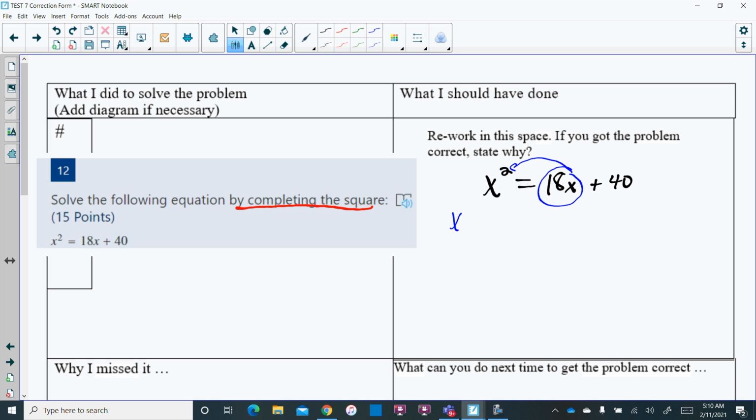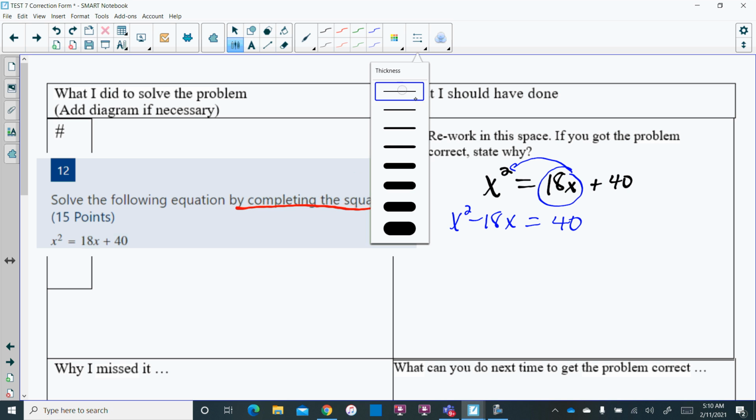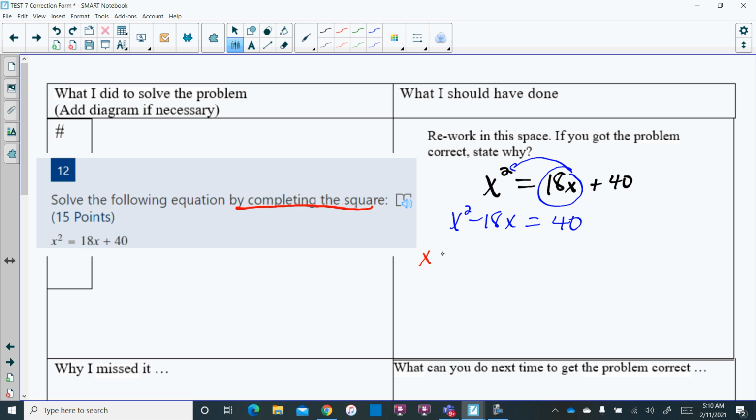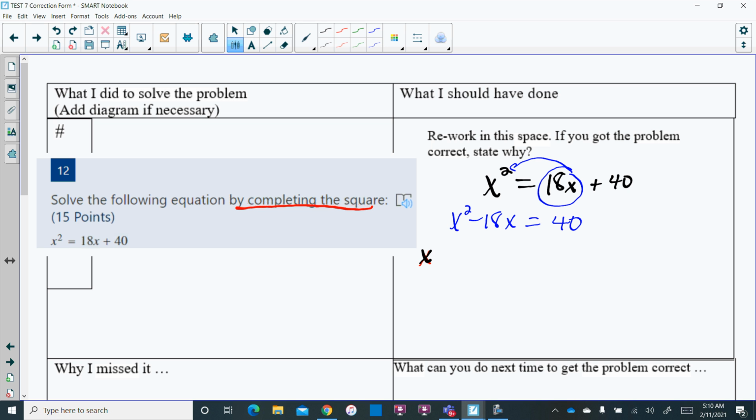So we would have x squared minus 18x equals 40. And then we can do basically our half square. I wanted to do it in the black, sorry. Our half square add, so x squared minus 18x plus blank equals 40 plus blank.